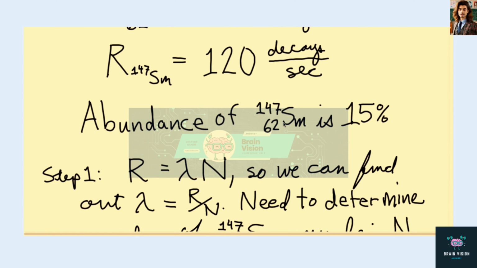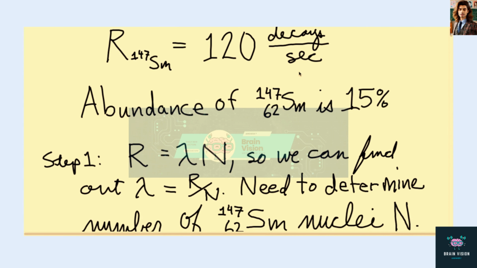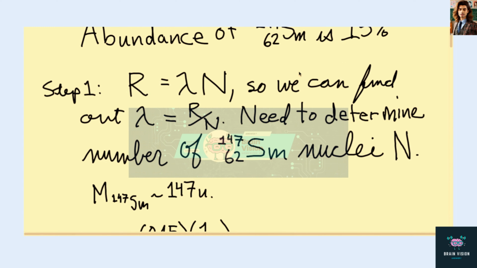The other information given in this problem is that the activity of the samarium-147 decays at a rate of 120 decays per second. We're also given that the abundance of samarium-147 is about 15%.